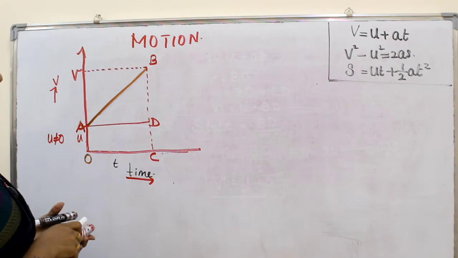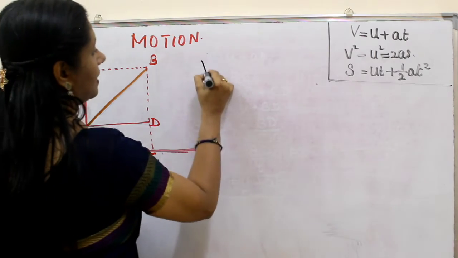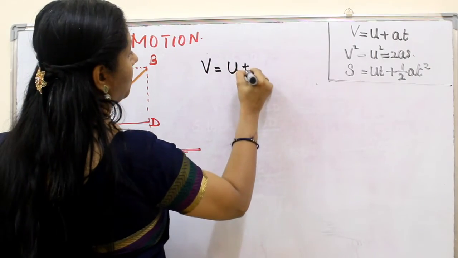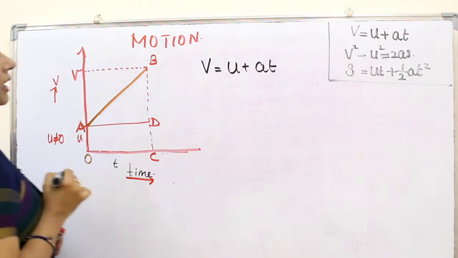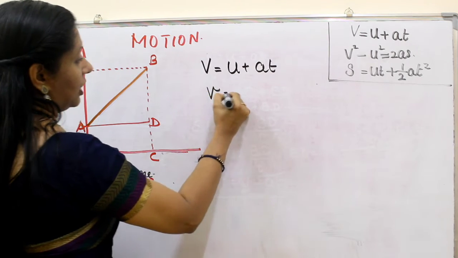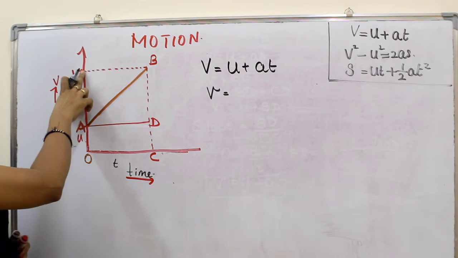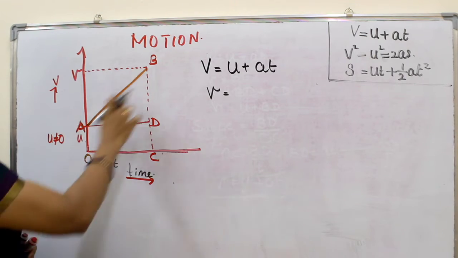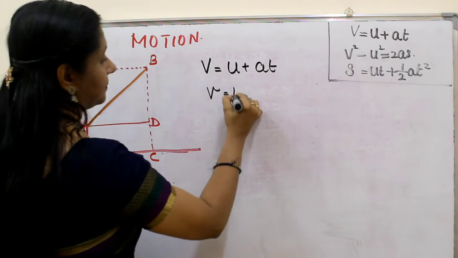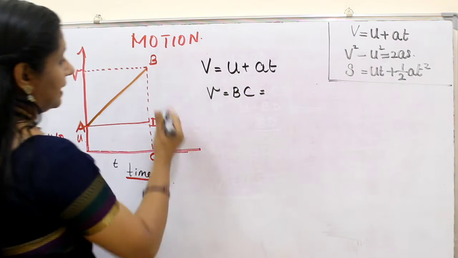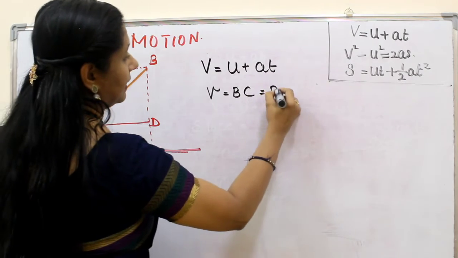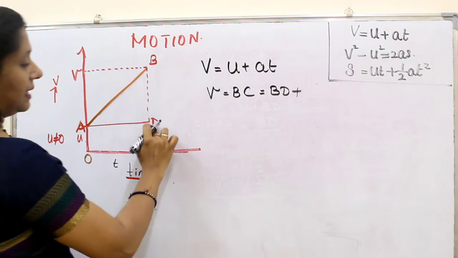Okay, so now let's see the first equation. v is equal to u plus at. We have to see velocity. You know, velocity as per this, starting from 0, final velocity we reached here. So that is corresponding to BC. What is BC? It is the sum of BD plus CD, right?